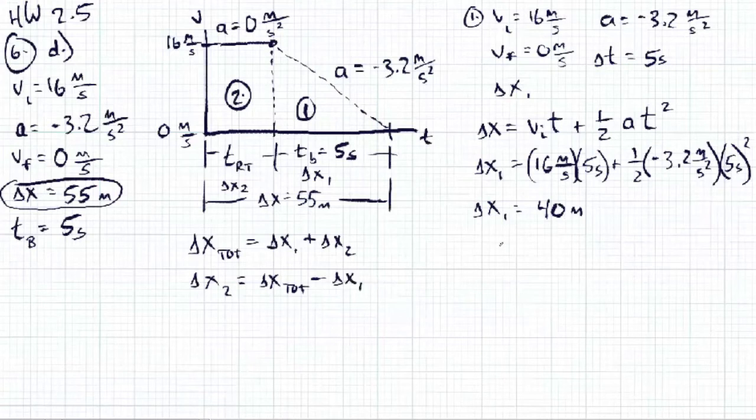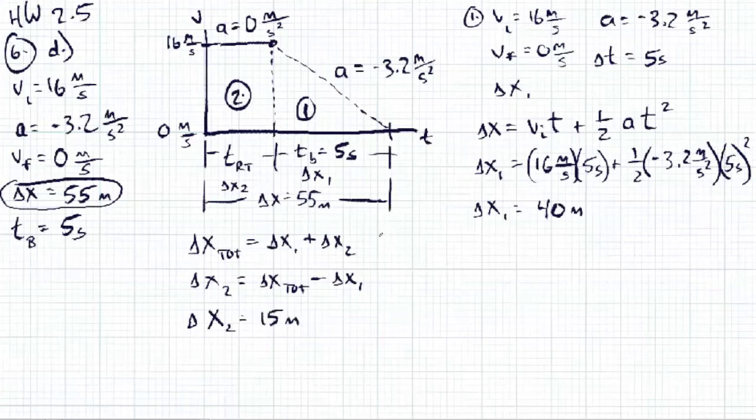It's just the difference between 40 and 55 meters, and our displacement 2, I lost my train of thought here. Here we go. Our displacement 2, sorry, is 15 meters.